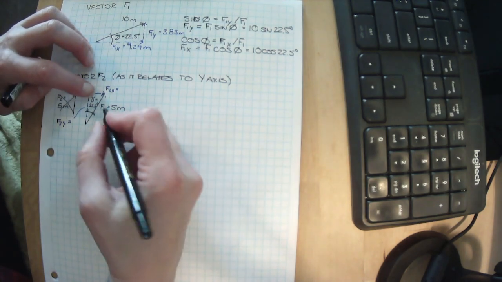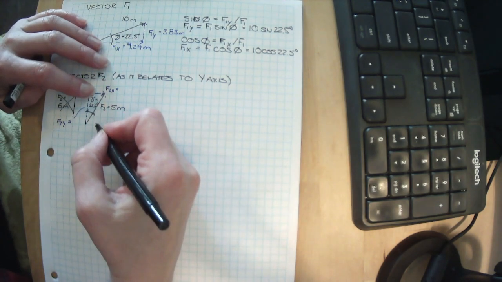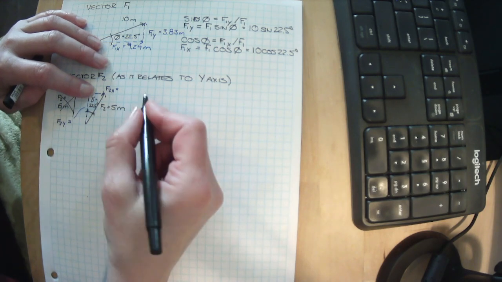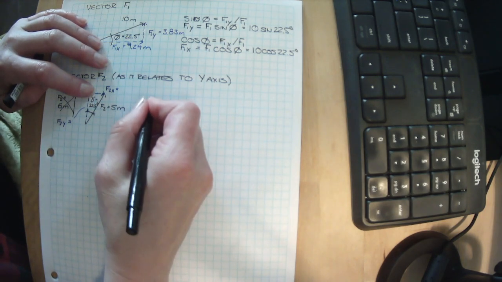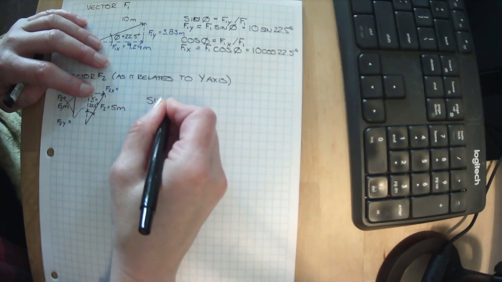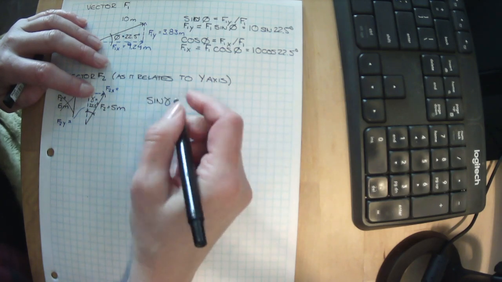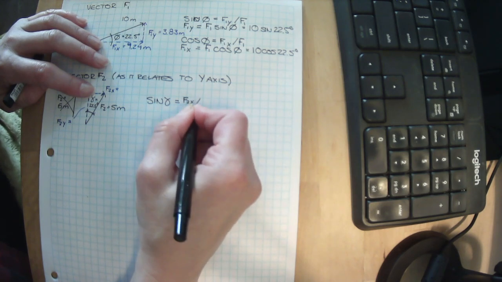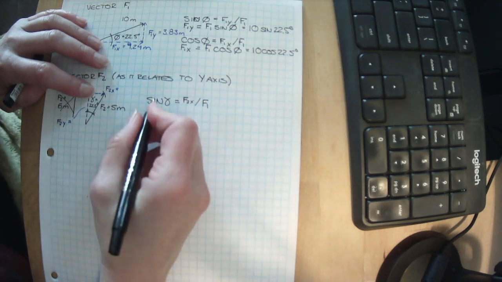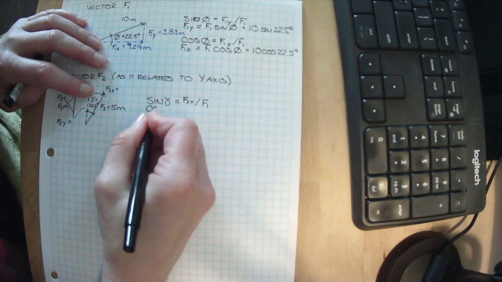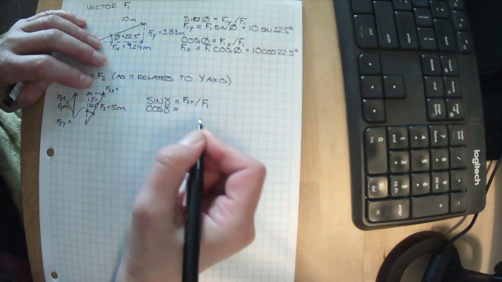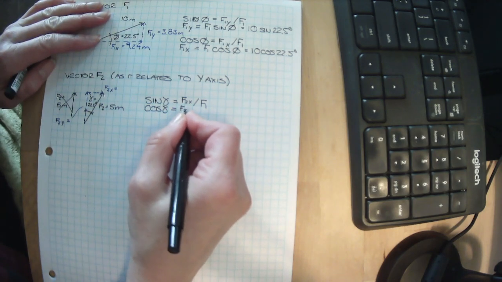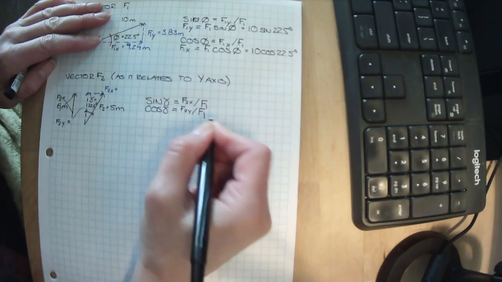Opposite over hypotenuse is sine. So the sine of our angle equals F2x over F2. And the cos of our angle, which is the adjacent side, equals F2y over F2.